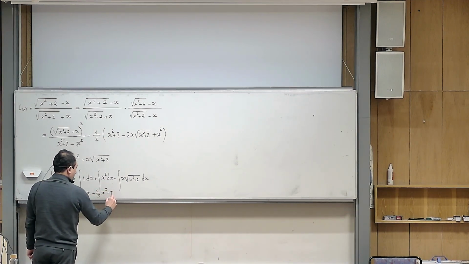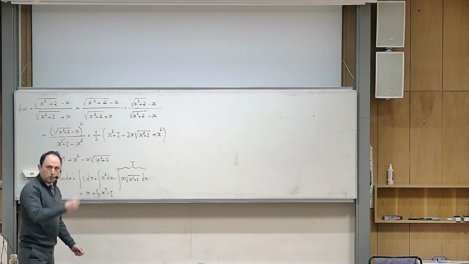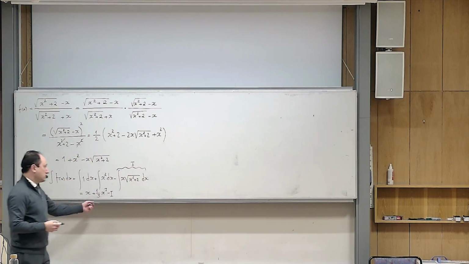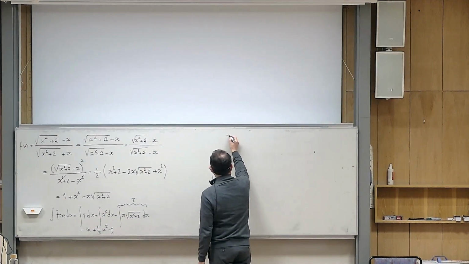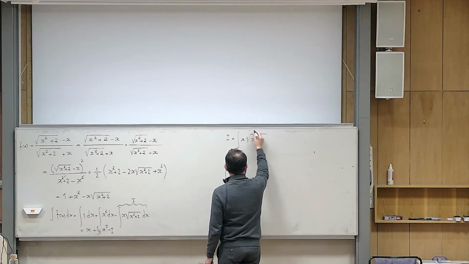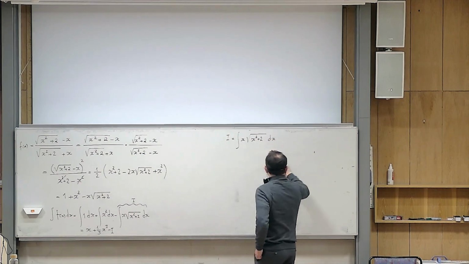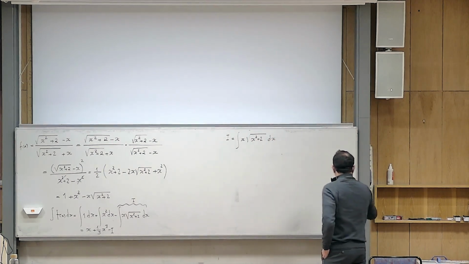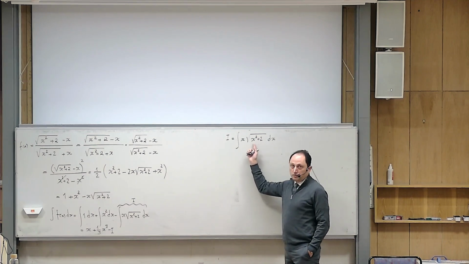And then let me write minus I. I am giving the name I to this integral, and I want to calculate this separately. So in order to calculate I, let me write I here: the integral of x times the square root of x squared plus 2 dx. Okay, so the method of substitution works here because if I ask you what the derivative of x squared plus 2 is, it becomes 2x.